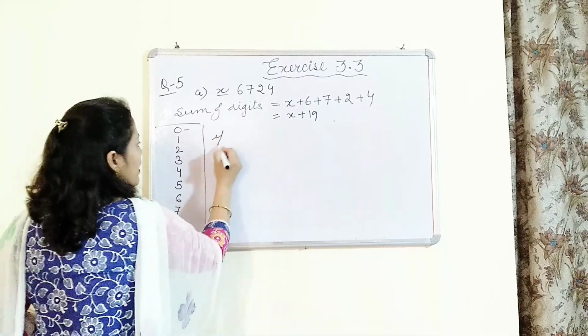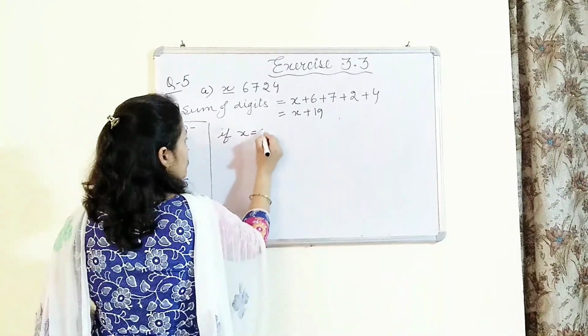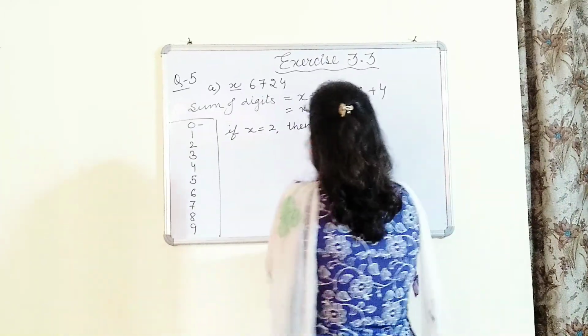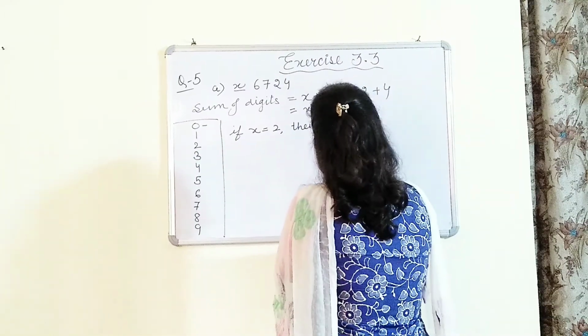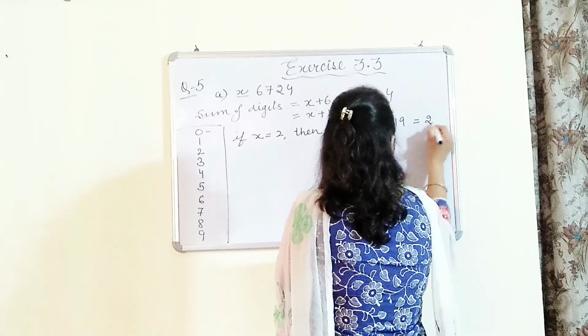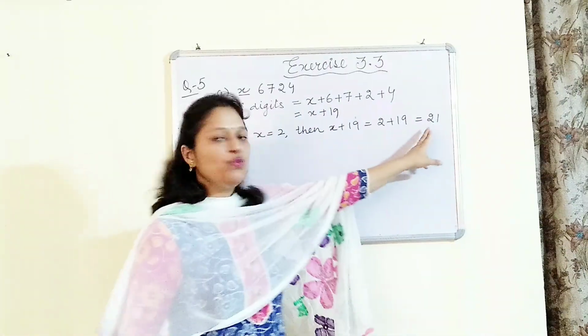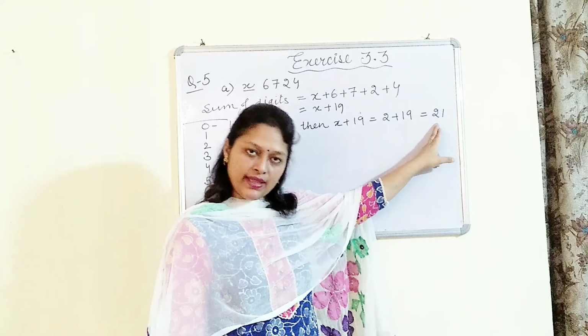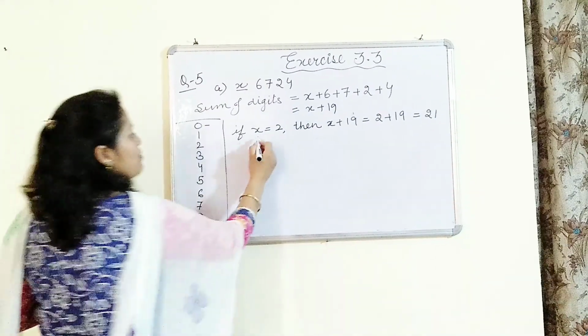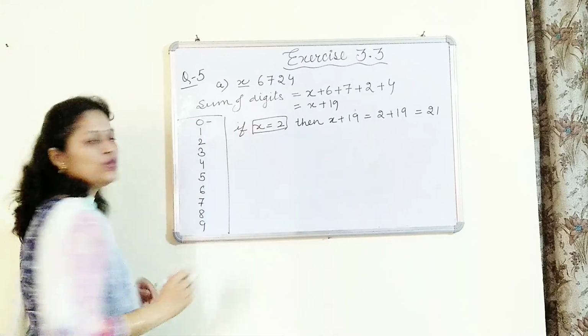I will write here, if x is equal to 2, then x plus 19 is equal to 2 plus 19 is equal to 21. 21 is divisible by 3. 3 sevens are 21. Now this is the smallest digit we have got. x is equal to 2.